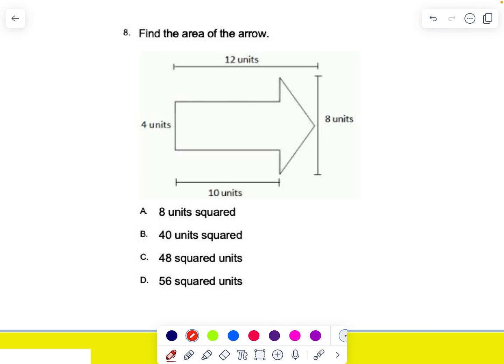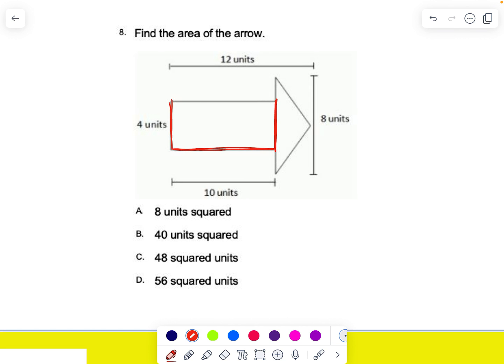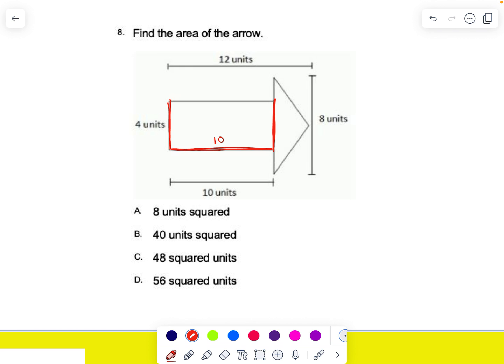So my first thought is that we would decompose it right here. And that leaves me with a rectangle and a triangle. So I can use the measurements that I'm given to find the area of this rectangle. The rectangle right here that I'm outlining, I can see that it is 10, because it tells me right here that it's 10, and that's the length, and the width is already shown.